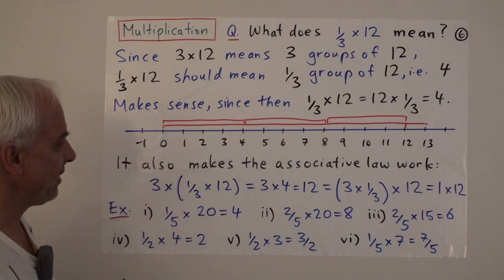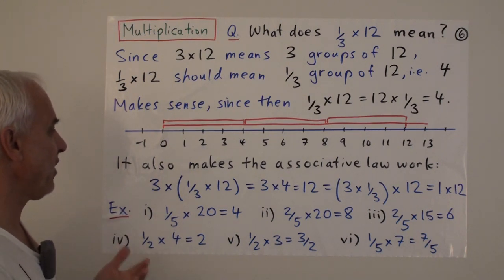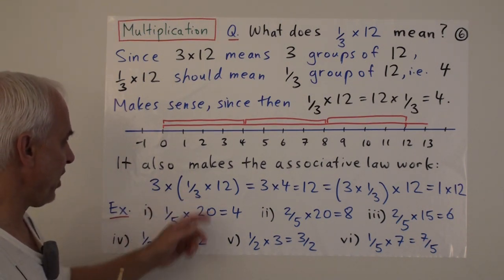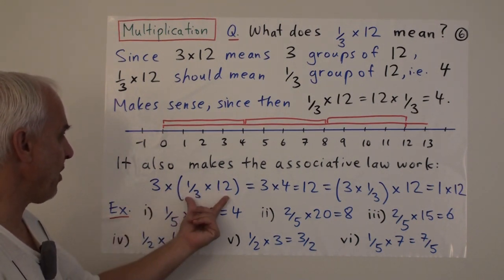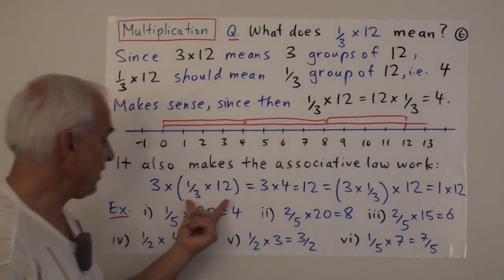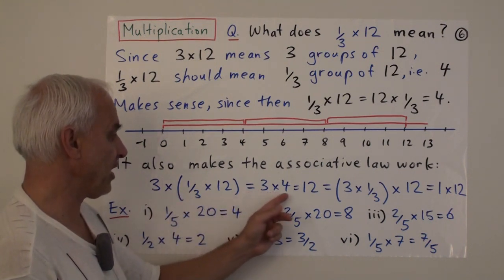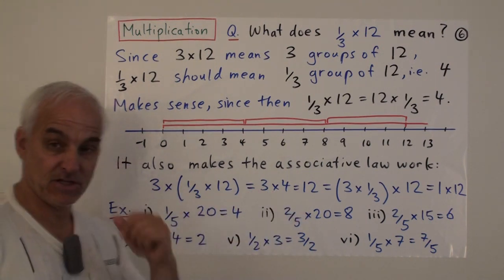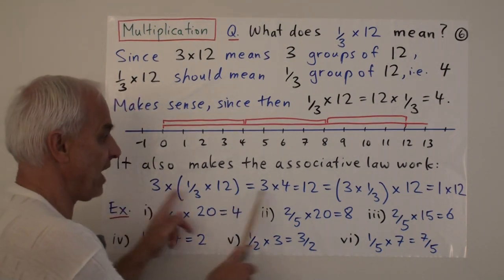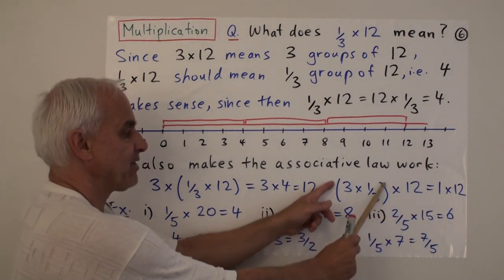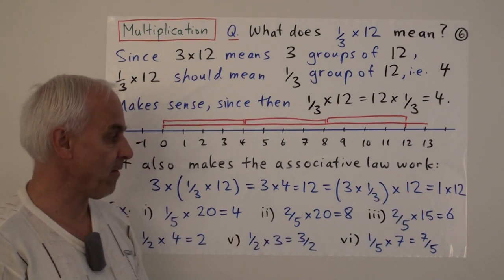So this also makes the associative law work. If we interpret multiplication this way, it's consistent with the associative law. Have a look at this product here: 3 times 1/3 times 12. We've just been thinking about what this means, and we've decided that 1/3 times 12 ought to be 4, in which case 3 times this would be 3 times 4, or 12. But if the associative law holds, and we want it to hold, then this should also be the same as this, where the brackets are organized this way: 3 times 1/3 first, then multiplying by 12.